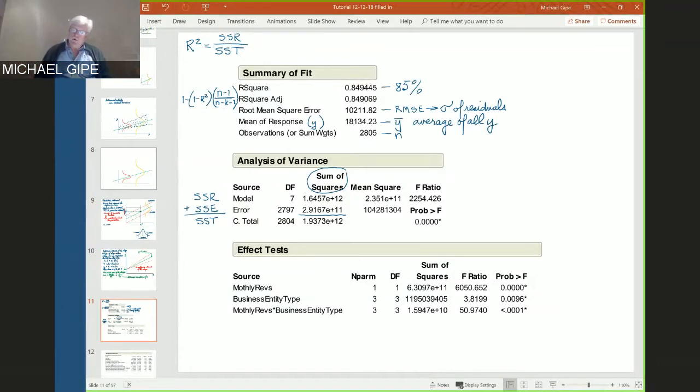For this particular model, we have a continuous variable, monthly revenues, and we have a business entity type that has, what is it, three different possibilities. So we have a bunch of coefficients that we're pulling out. And so that pulls out 7 degrees of freedom from our sample, and we effectively are reducing the goodness of our model by a little bit.